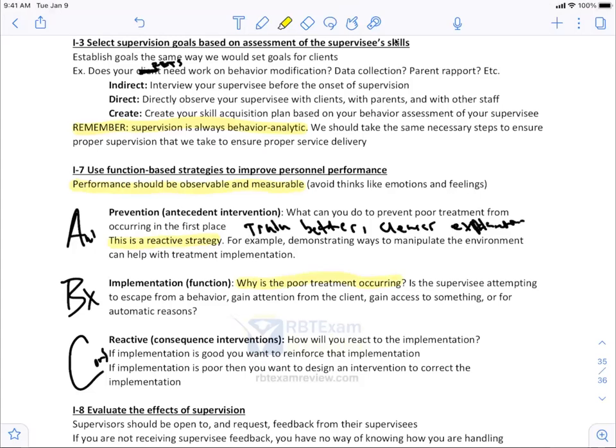Functions don't change, right? And then how do you react? Always be mindful of how you react. Just because somebody did the most egregious, unacceptable thing you've ever seen, think before you react, okay? If implementation is good, reinforce. If it's poor, okay, go back to the drawing board. Design an intervention to correct the implementation.